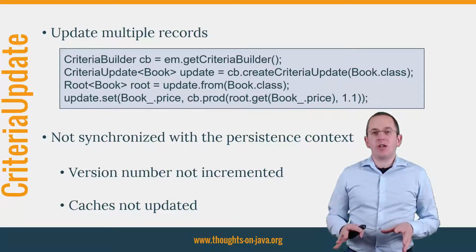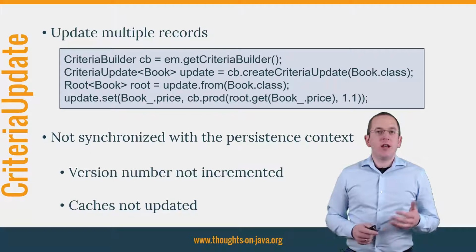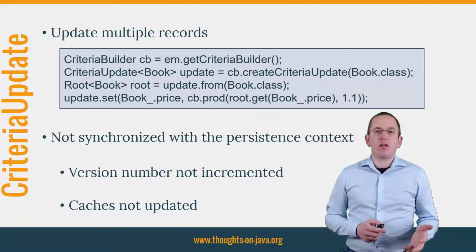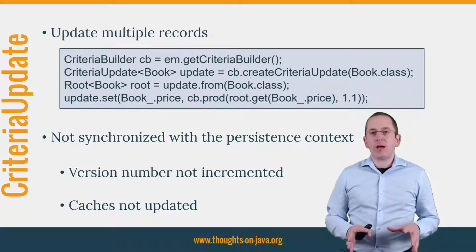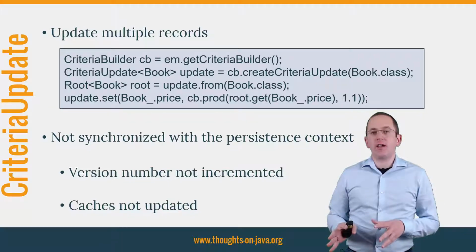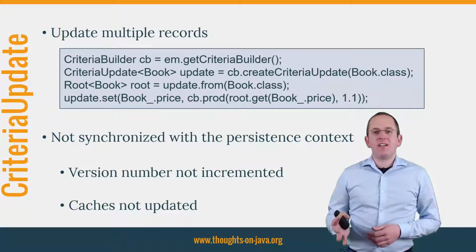Hibernate doesn't synchronize the persistence context with the result of the update operation, and there is no optimistic locking of the involved entities. If you use optimistic locking, you need to update the version column as part of your update statement, and you shouldn't update any records which are stored in the first or second level cache. Let's get into the IDE and have a more detailed look at it.